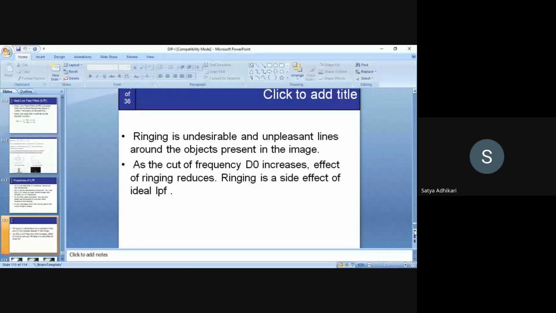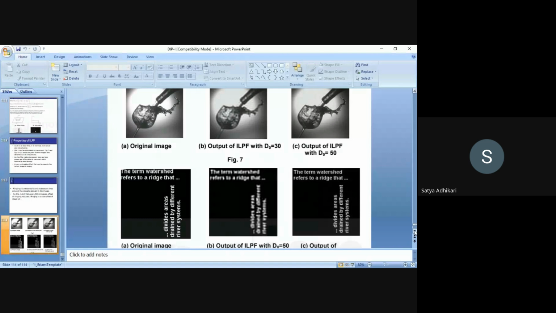So there will be less blurring. It will be clearer about ILPF, ideal low pass filtering, with this figure.